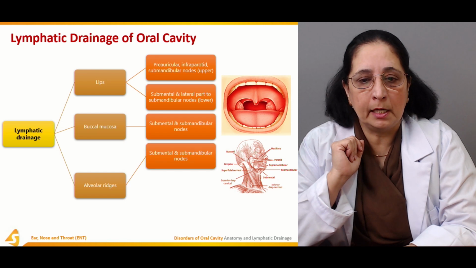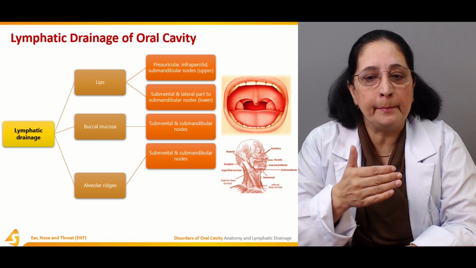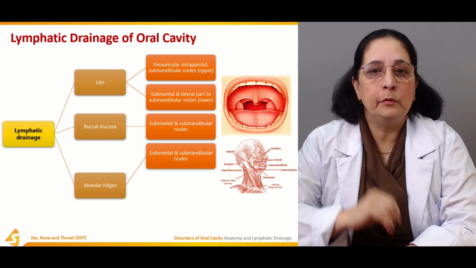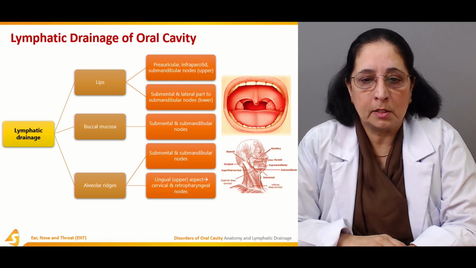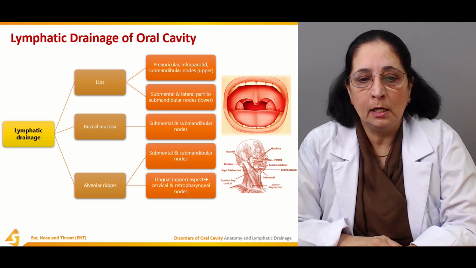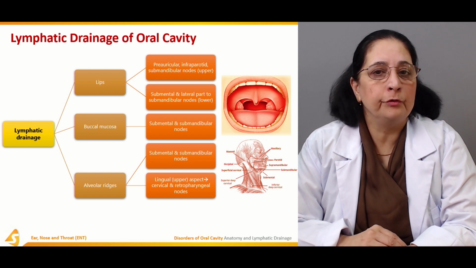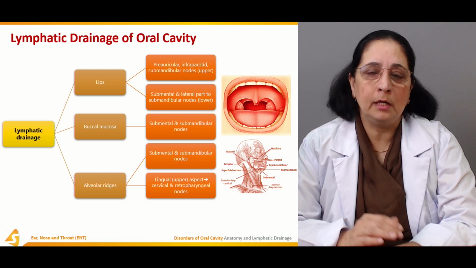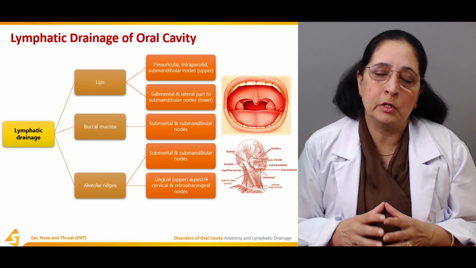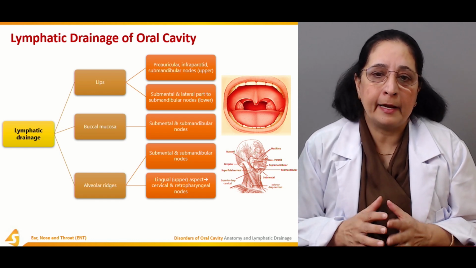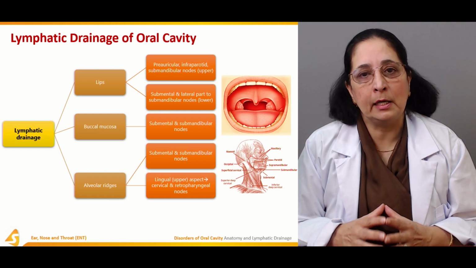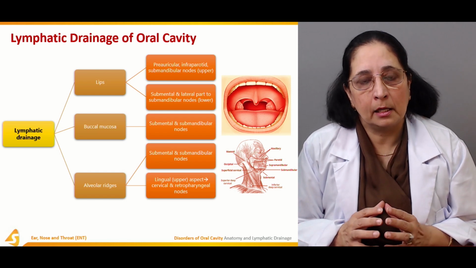Alveolar ridges drain again into submental and submandibular nodes, and also the lingual upper aspect drains into the cervical and retropharyngeal nodes. So all these are the lymph nodes where the lymphatic drainage of the oral cavity drains.